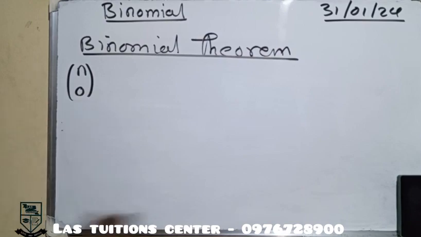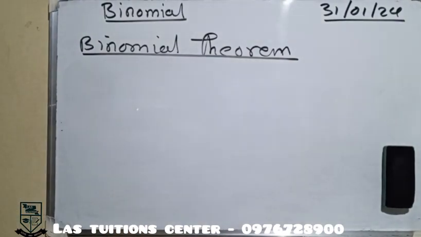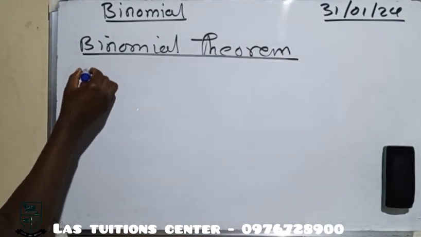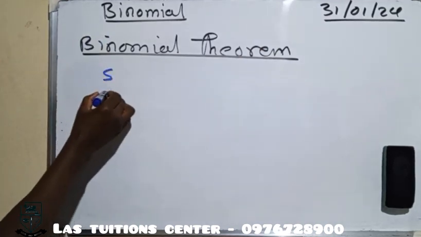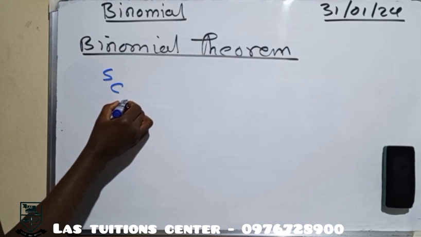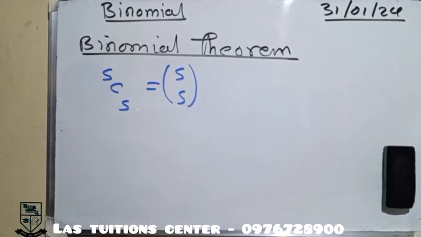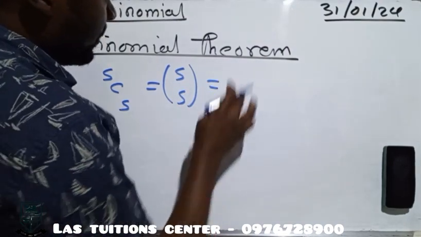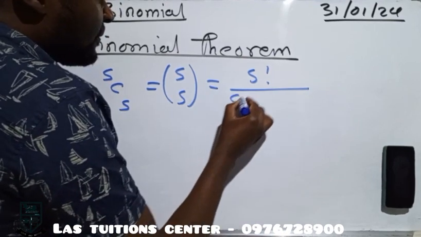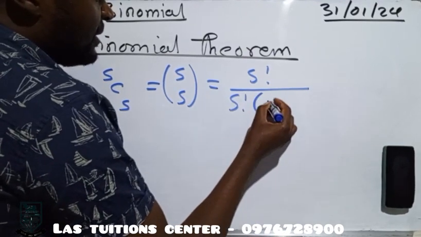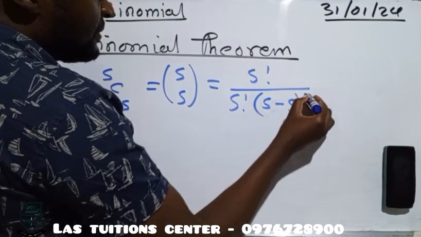Maybe before we can do this one, there is something we need to understand. Let's say we have 5 combined with 5, which gives us 5 choose 5. When we do the breakdown, we're going to have 5 factorial over 5 factorial times (5 minus 5) factorial.